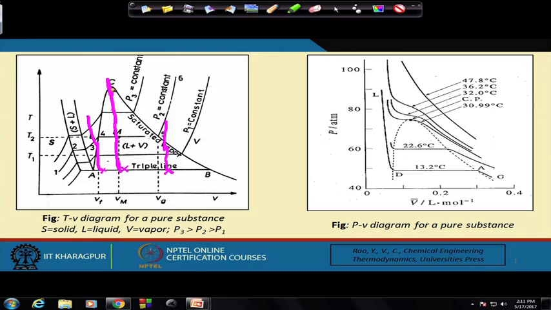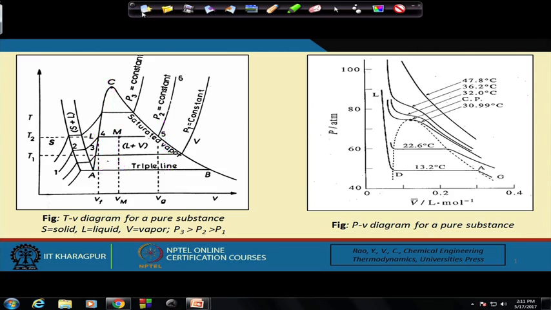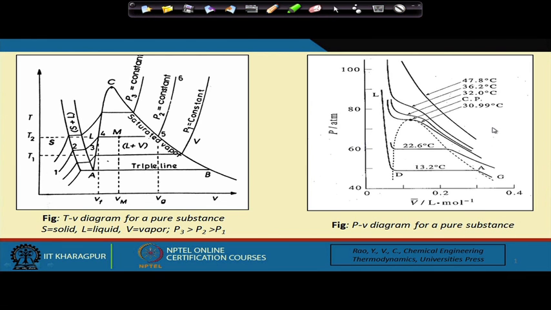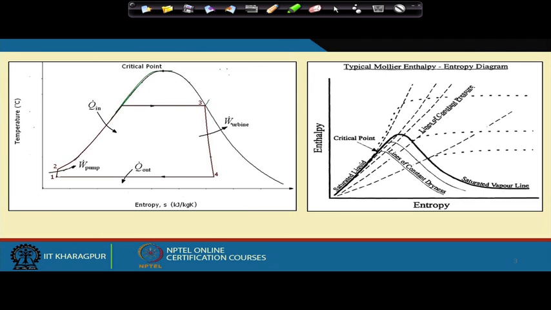So, this is a standard way of finding T equals Tc, or the critical conditions, for pure component substances. Apart from this, these are the basic phase diagrams, but the phase diagrams which we use mostly for our purposes are primarily the temperature entropy, and more commonly the enthalpy entropy diagram, which is known as the Mollier chart.